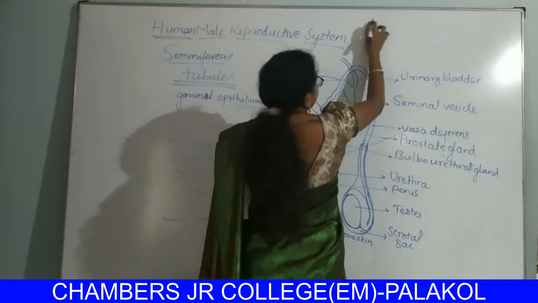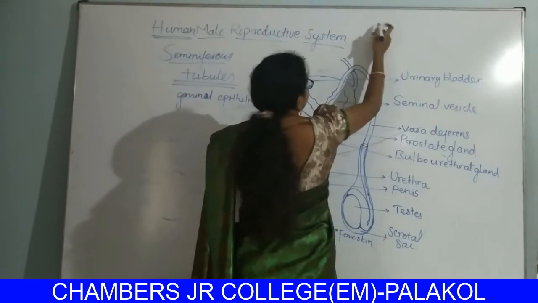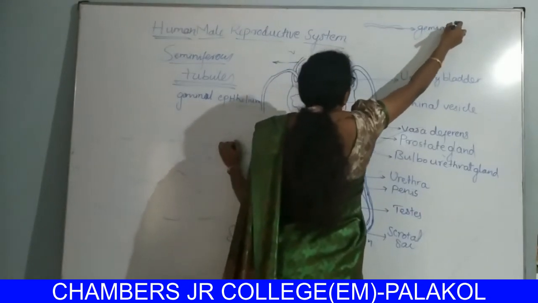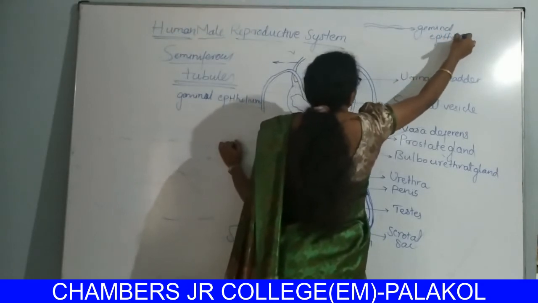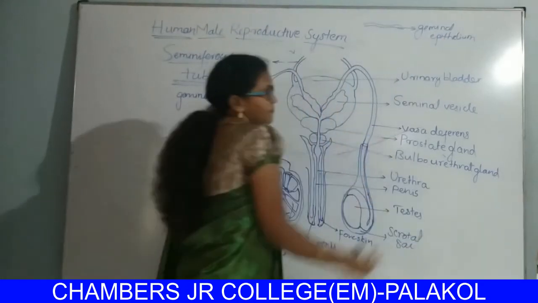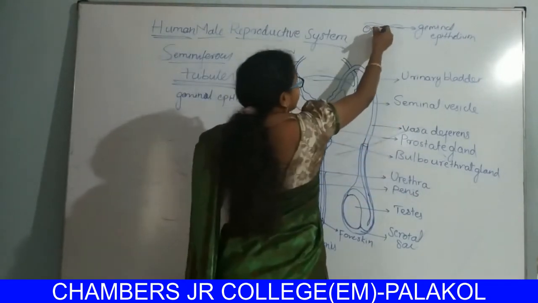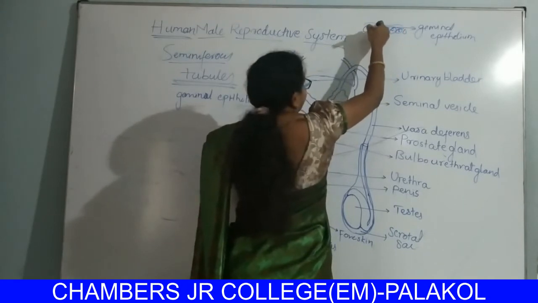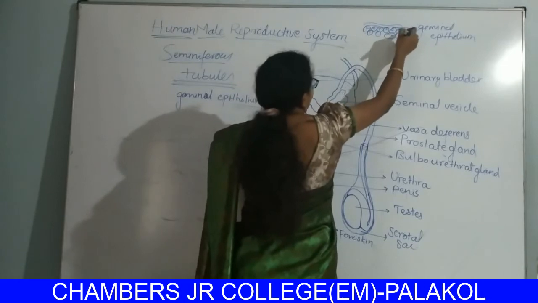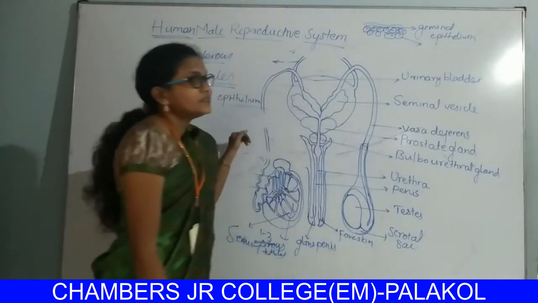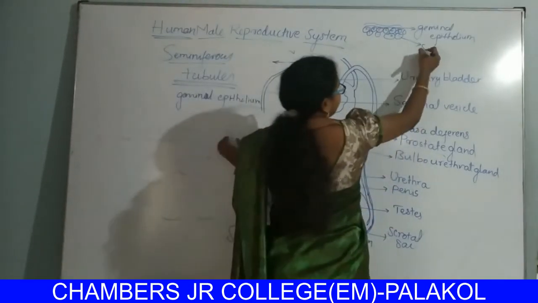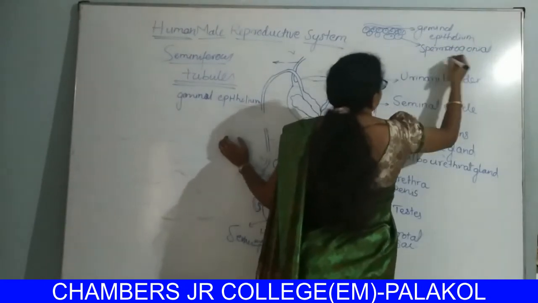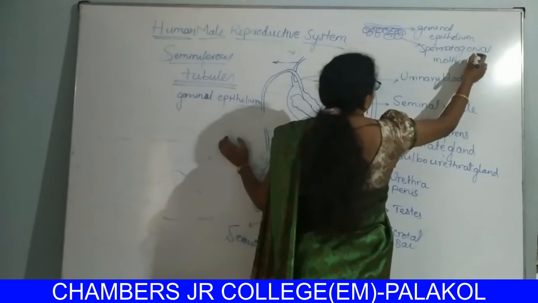Germinal epithelium contains a number of undifferentiated cells, called spermatogonial mother cells.